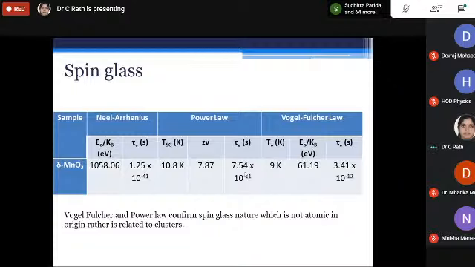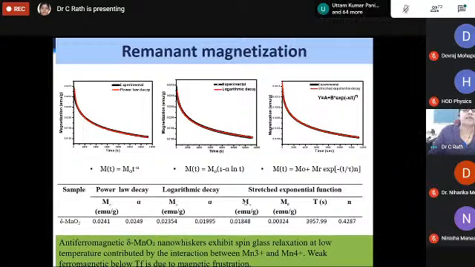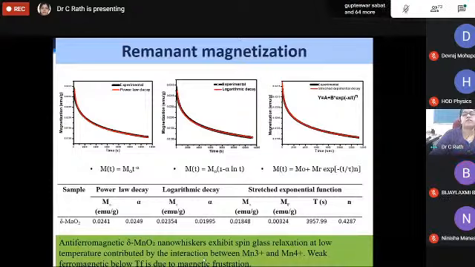Okay, so these are all similar features we have. She has fitted with the Kohlrausch logarithmic stretched exponential function. It is well matched with the stretched exponential function, and we confirm that these nanometers exhibit spin glass relaxation at low temperature contributed by interaction between Mn3+ and Mn4+. Weak ferromagnetic below TF is due to magnetic frustration.